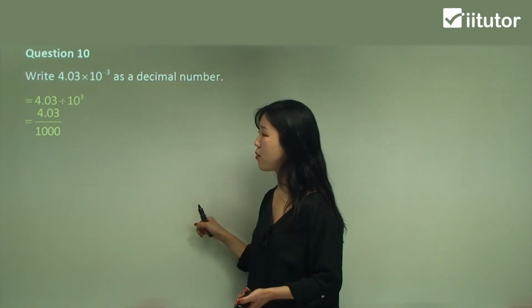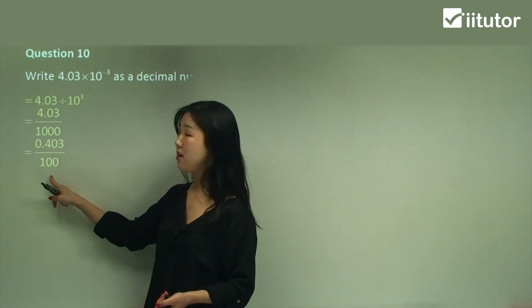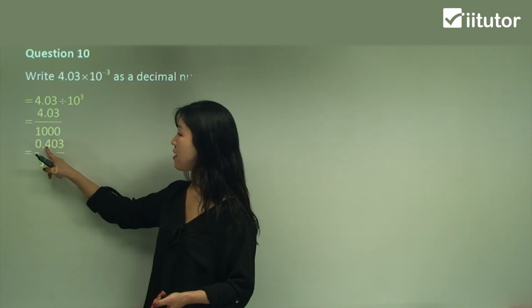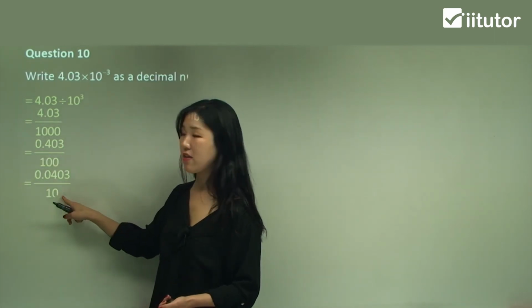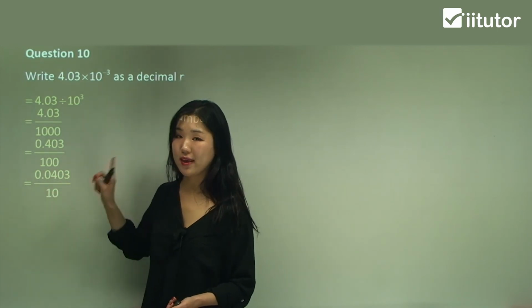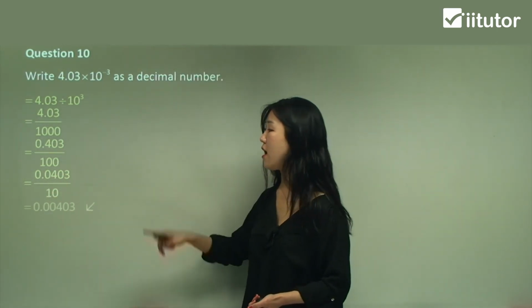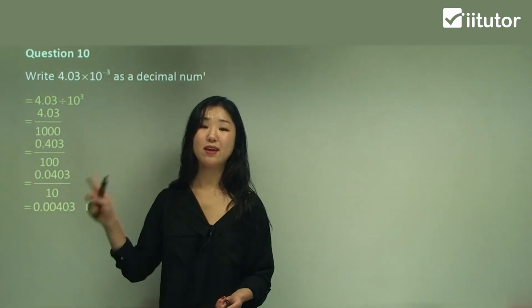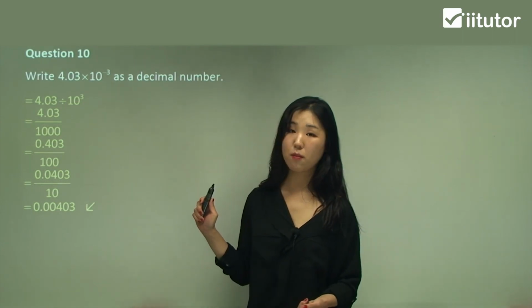So if I divide 4.03 by 10, I move my decimal to the left by 1, you can see. If I divide by another lot of 10, move the decimal to the left by 1 again. If I divide by my last lot of 10, I move the decimal 1 place to the left again, and that will be your final answer. You keep going until there's nothing left on the denominator.